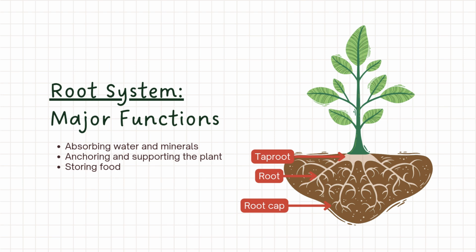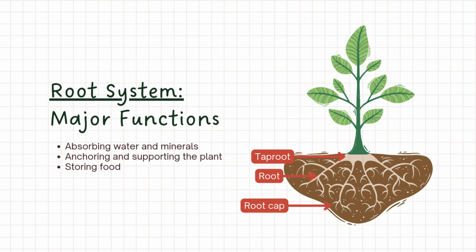Today I will talk about the anatomy and morphology of roots. Anatomy means the internal structure of roots. From outside in, roots have first the epidermis with root hairs to absorb water.